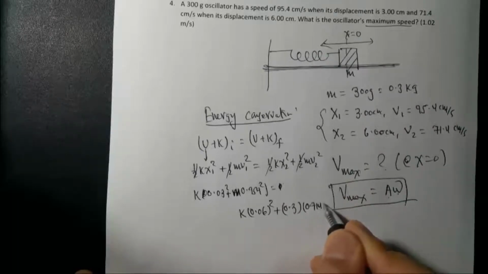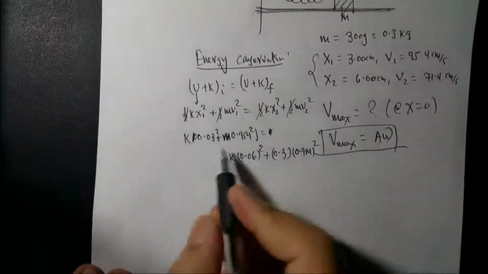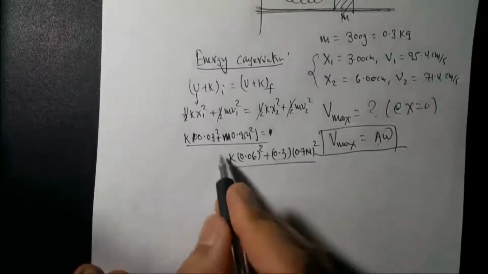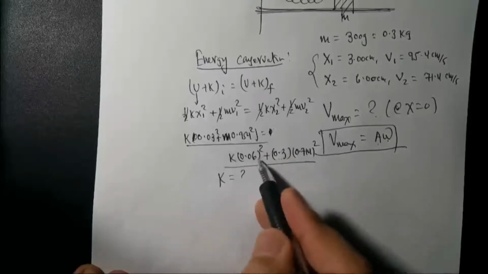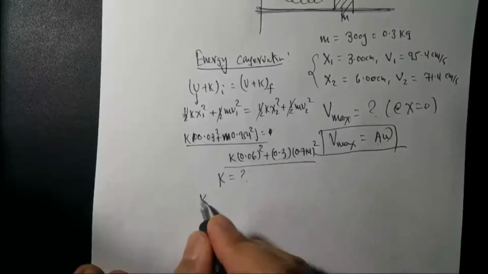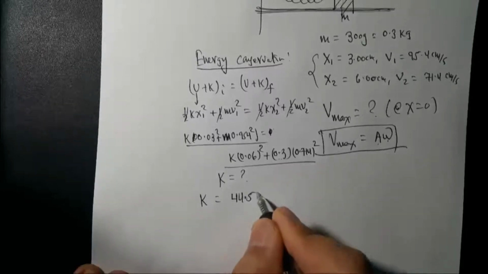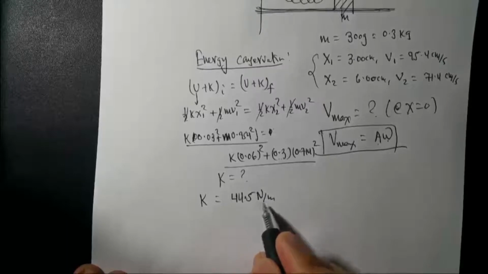I'm converting everything into standard units, so I put the mass as 300 grams, 0.3 kilograms. Now you have only one variable left. You can solve for K by playing with this equation, and K will be 44.5 newtons per meter.